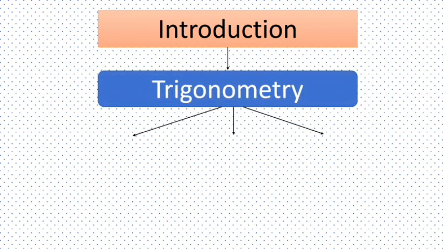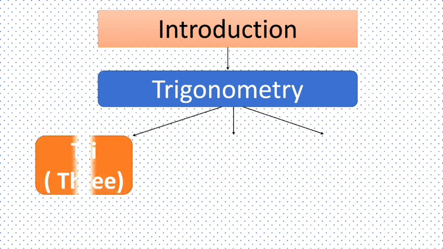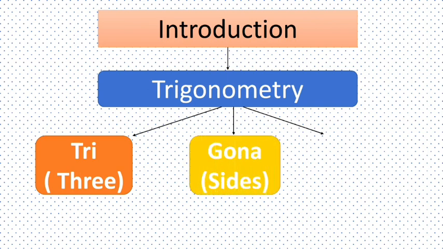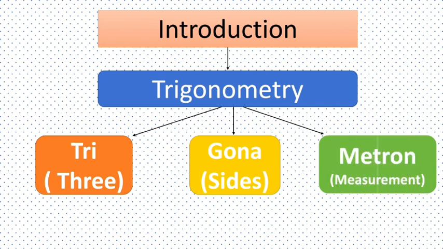Trigonometry is a branch of mathematics useful to measure such distances. The study of trigonometry is very useful in engineering, astronomy, navigation, architecture, etc. The word trigonometry is derived from the Greek words: tri means three, gona means side, and metron means measurement.